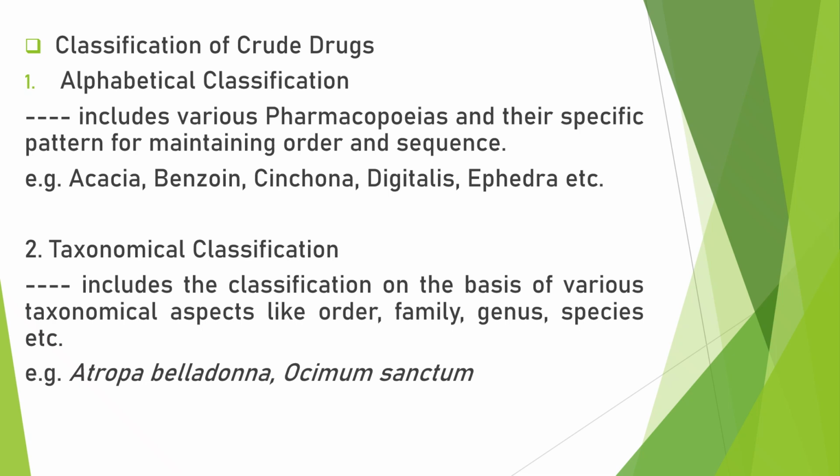Dicotyledons come under the class. Rosales comes under the order. Leguminosae belongs to the family. The subfamily will be Papilionaceae. The genus will be Glycyrrhiza and the species will be Glycyrrhiza glabra. So that will be the scientific name, glabra. It means all the parameters, phylum, division, class, order, family, subfamily, genus, species, these all are coming together under one umbrella, that is taxonomical classification of crude drugs.